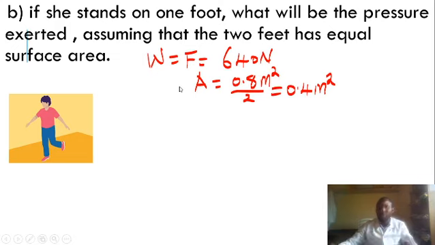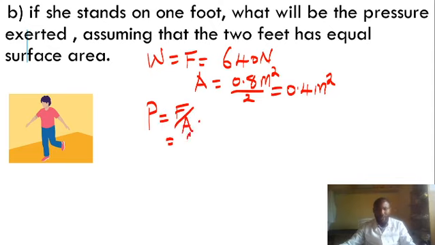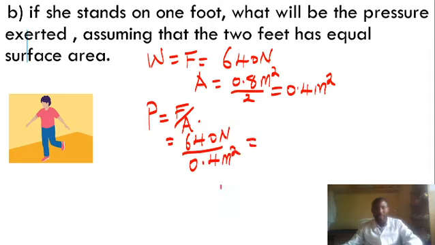So simple. We can see that our pressure can be calculated from force over area, and this will be 640 newtons. In physics, you take note of unit. Take note of unit, please. And our answer is going to be, of course I can guess the answer. Since the area has been halved, pressure should double.